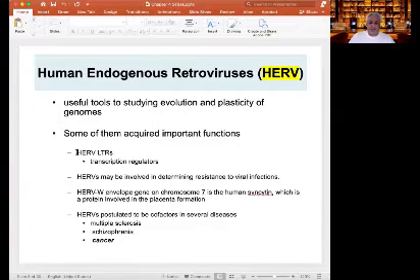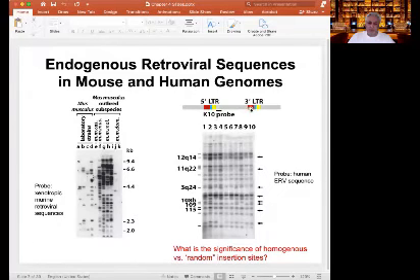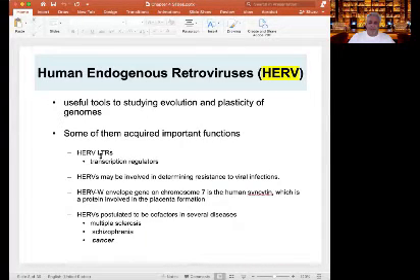Going on below are some of the biological consequences of acquiring these endogenous retroviruses. You can see they're long terminal repeats. You saw that on the previous slide. These long terminal repeats can act as transcription regulators. So if they happen to sit down on the genome of that particular species and happen to be close by to another gene, their transcription products can then influence the rate of transcription of certain genes.